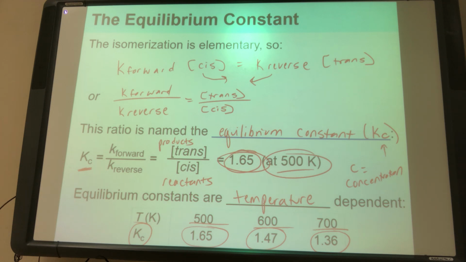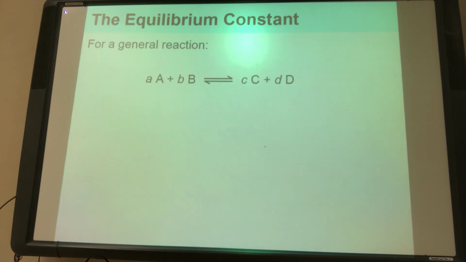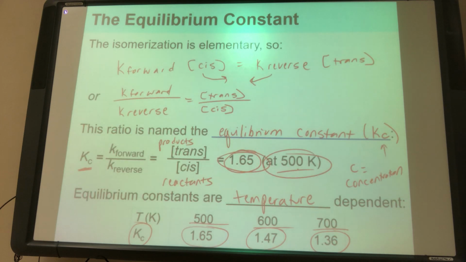So let's talk about how we write this equilibrium constant in general. If I give you a reaction and say write the equilibrium constant, here my a, b, c, and d are the coefficients for my reactants, A and B, and for my products, C and D. So Kc is equal to K forward divided by K reverse, which is the same thing we had here, and it's going to be my products over my reactants.